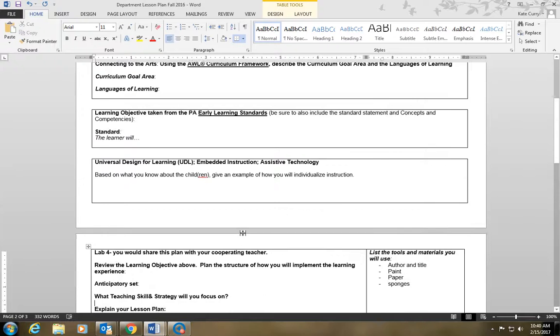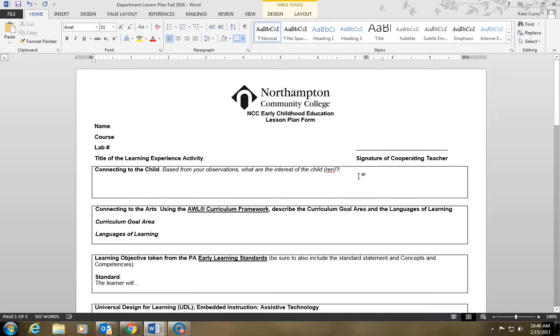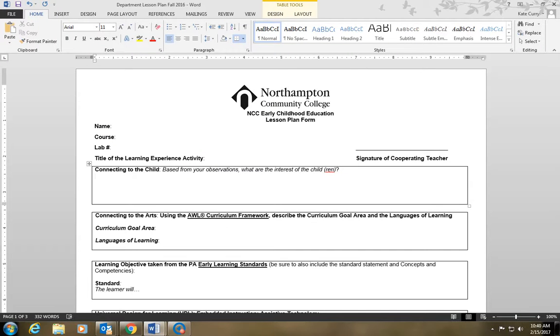Okay? The top part of your lesson plan is where you're documenting observations. So while you are thinking about what's appropriate, you're going to write down what you've observed about your children the week before. So you might say, my focus child loves trucks.